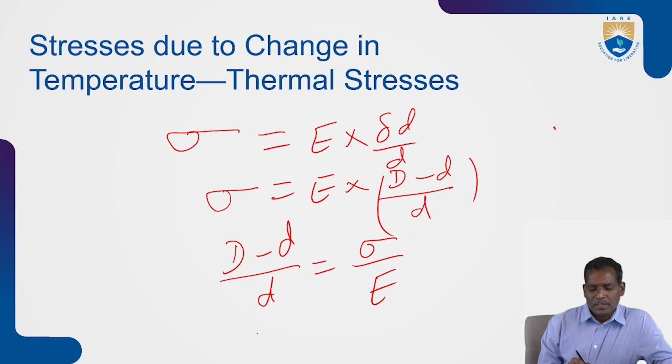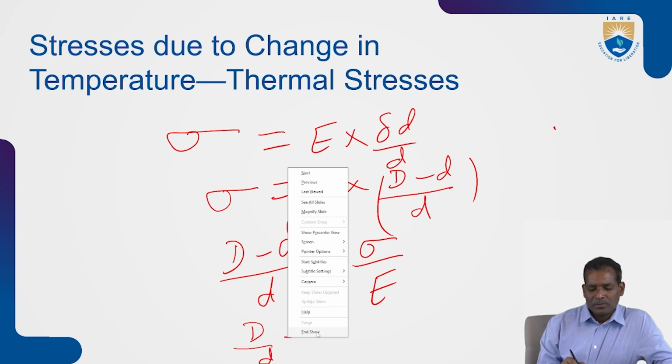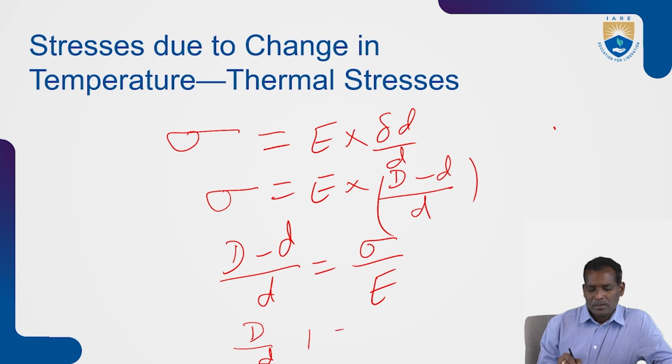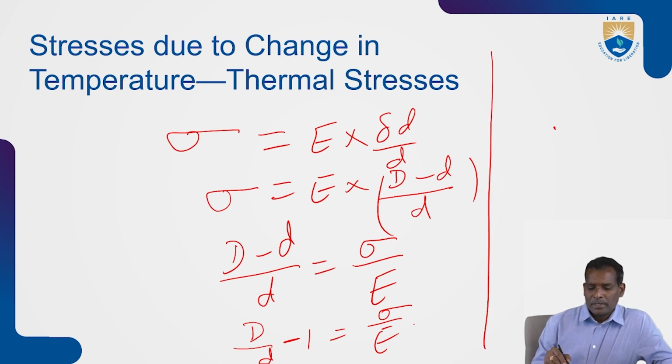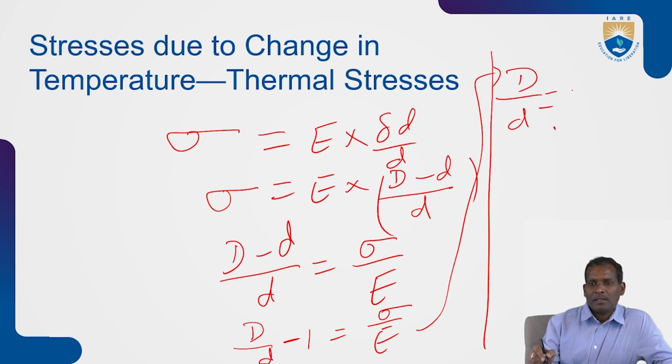So further simplification, capital D by small d minus 1 is equal to sigma by E. So again, you can write capital D by small d is equal to sigma by E plus 1.